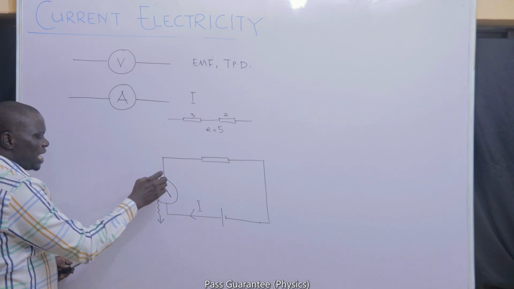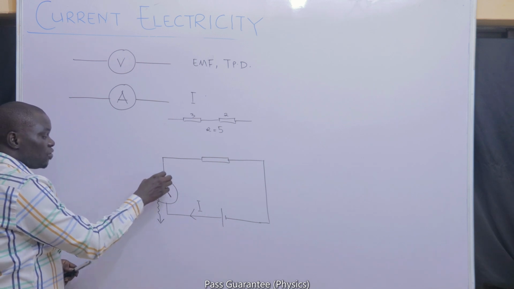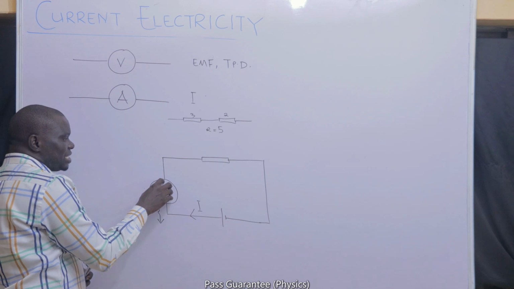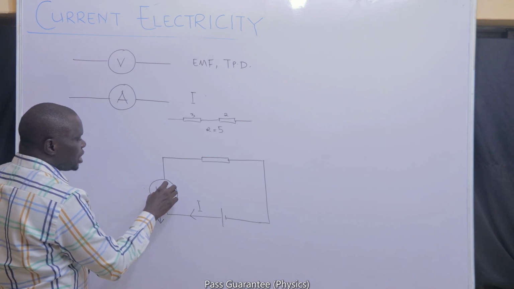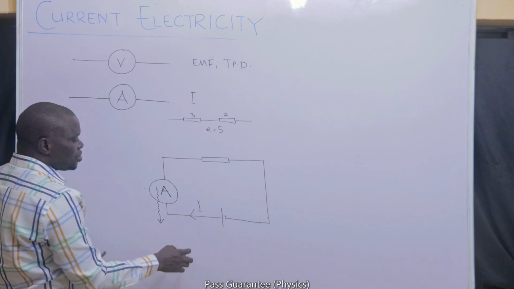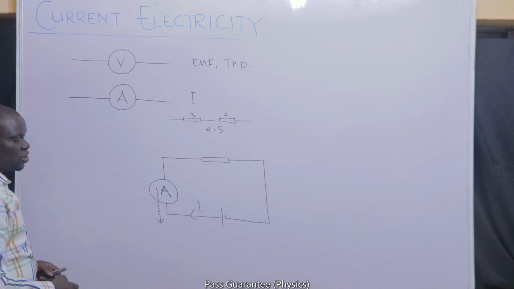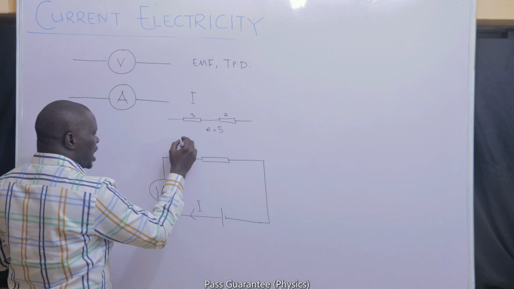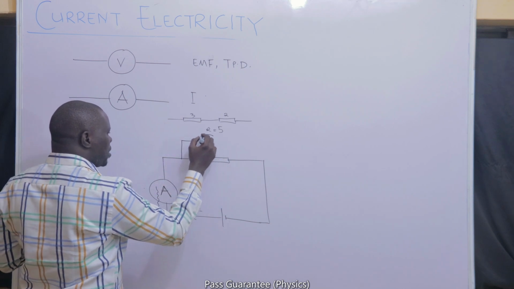So ammeters are generally made with materials of low resistance because they are connected in series, and we do not want them to add significantly to the resistance of the circuit, a situation that can further reduce the current that we can get. Voltmeters are usually connected in parallel.